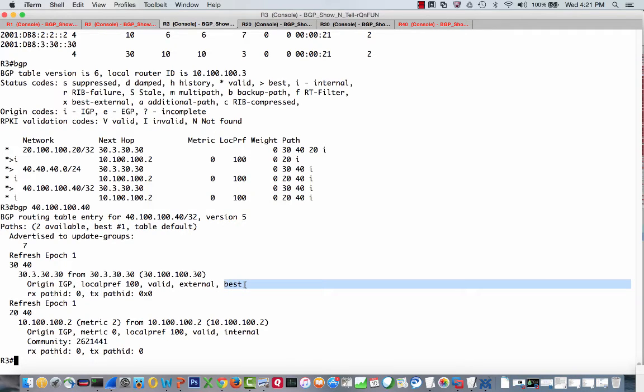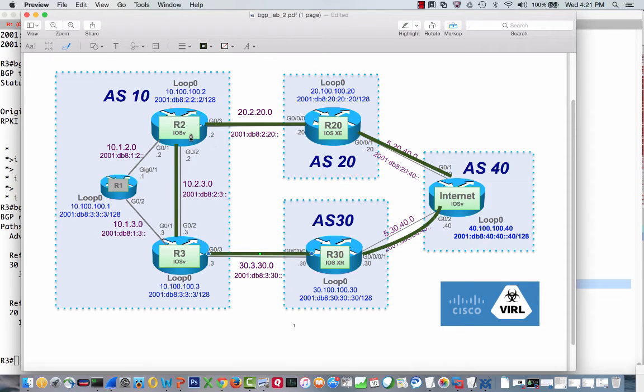So what is going to happen is R2 is going to view that its best path, because everything is the same, all the way down to the decision-making choice of eBGP versus iBGP, and we have not differentiated anything higher in the BGP best path decision-making.